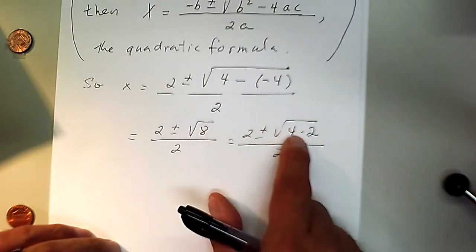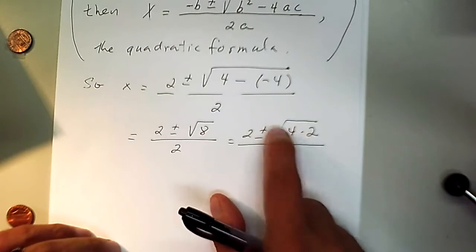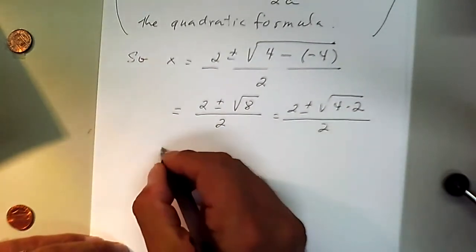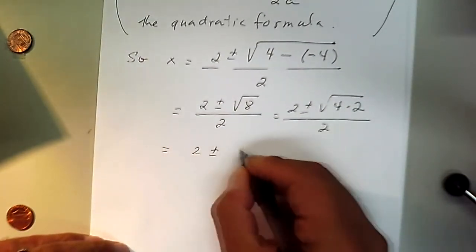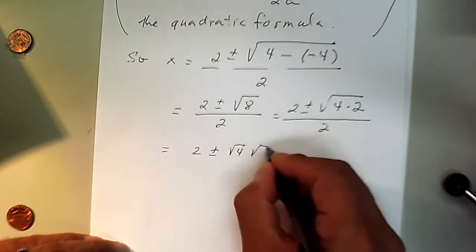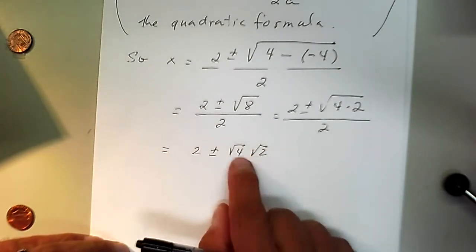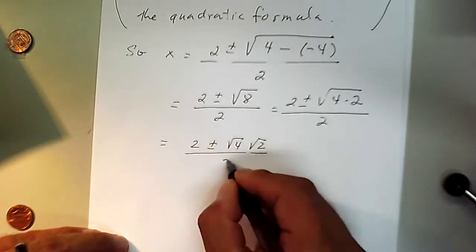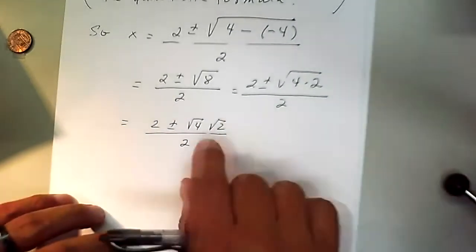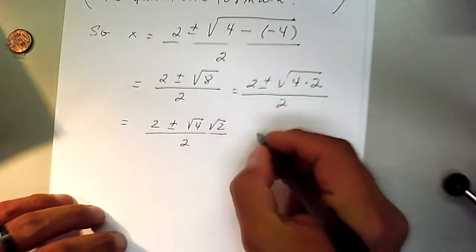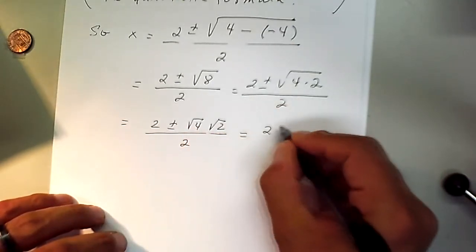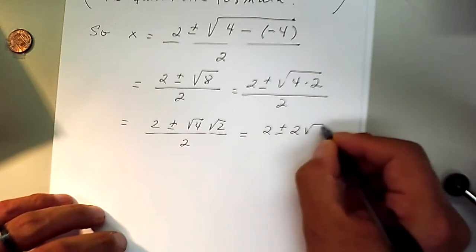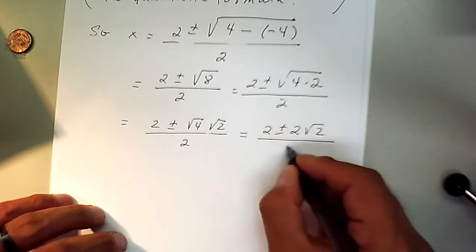But this product under the root splits. So this is 2 plus or minus square root of 4, square root of 2. That is one of the properties of roots. We still have to divide by 2. But all of us know that square root of 4 is 2. So this is 2 plus or minus 2 root 2 over 2.